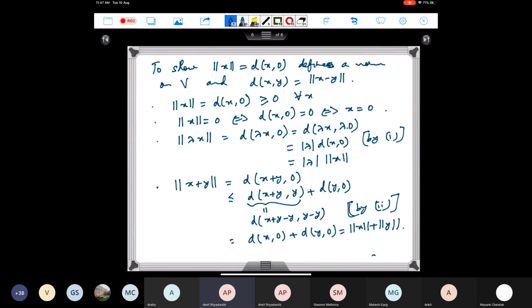Right. So what we get is that if we have any metric on a vector space, then that is induced by a norm if and only if it satisfies these two conditions, translation invariance and homogeneity. So hence, let me write this as a theorem.